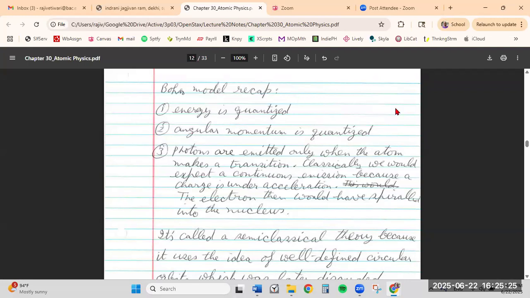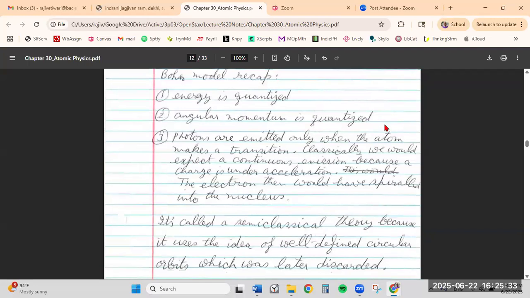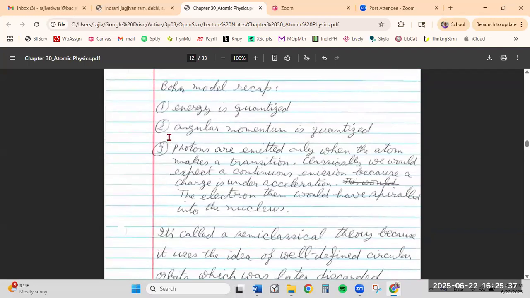So that was foundational for the derivation of the Bohr model. And then the third assumption in the Bohr model is that photons are emitted only when the atom makes a transition from a higher energy state to a lower energy state.